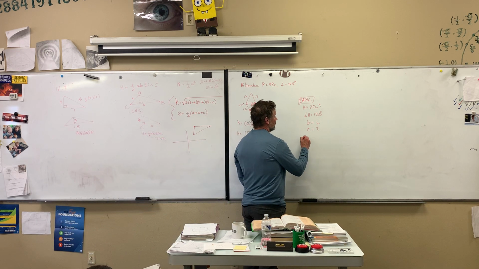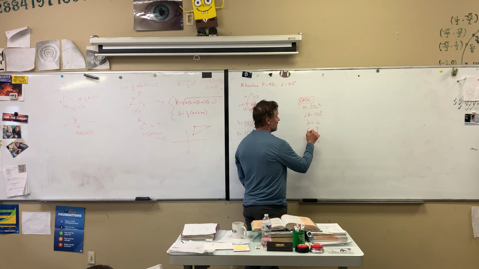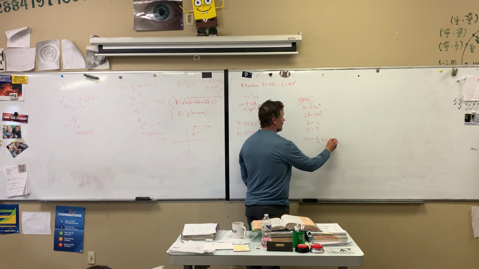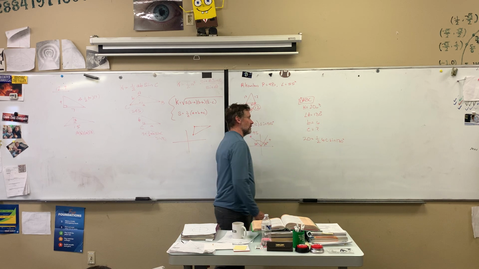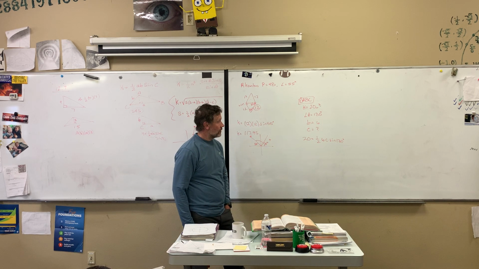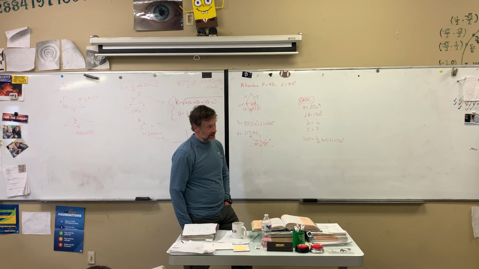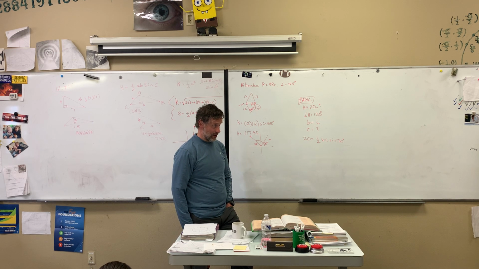By saying 20 is equal to 1/2 BC sine of A, so B, 6 times C times the sine of 130 degrees. And then you just solve for C. So that would be the setup for that one. Again, not exact values because sine of 130 is not a unit circle value.